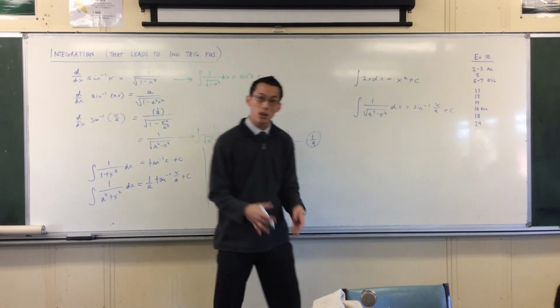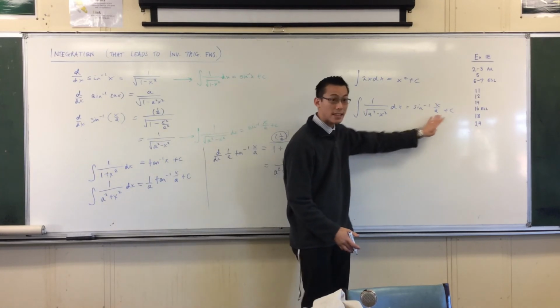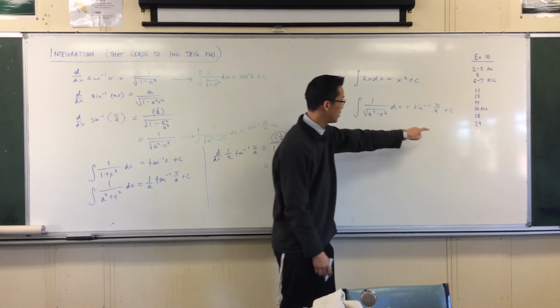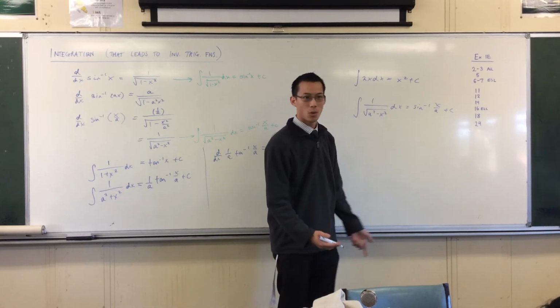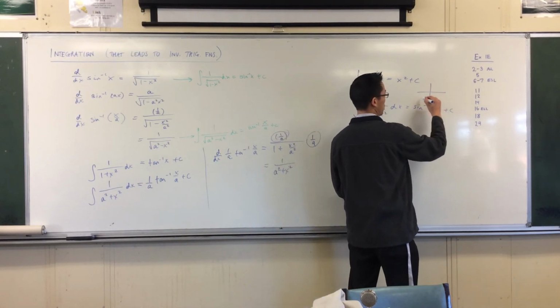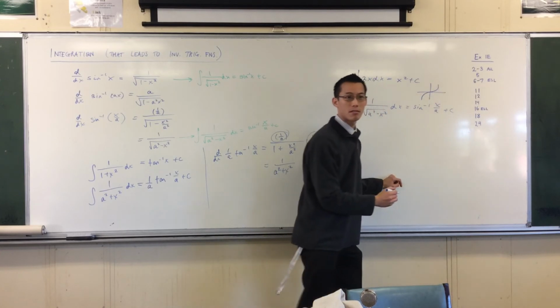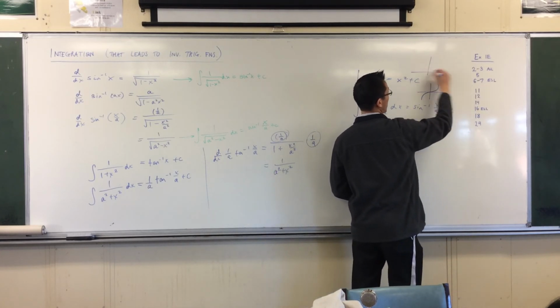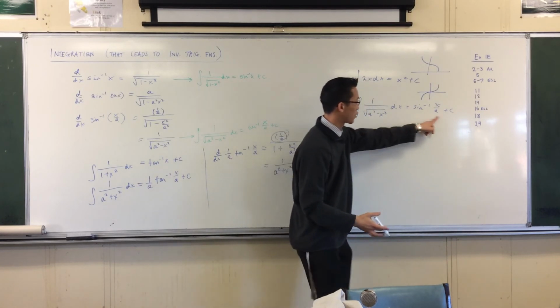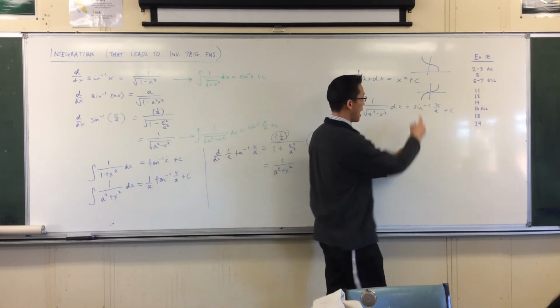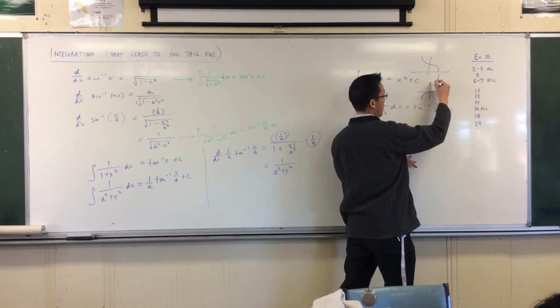Because you are not just getting one primitive, you're getting the whole family, right? Cos inverse is in here. He's just hiding, right? What does sine inverse look like? Looks like this, right? What does cos inverse look like? He looks like this, right? But because I've got the whole family of these guys, I have this guy and I have this guy.